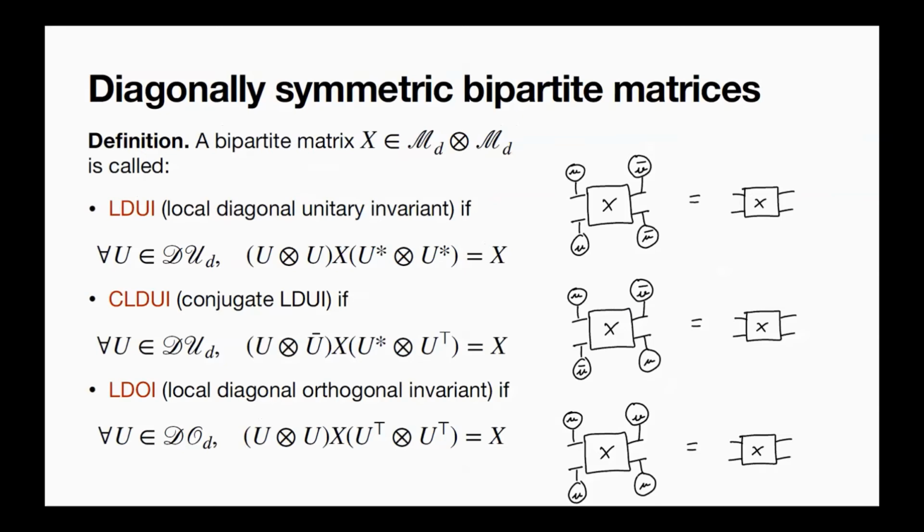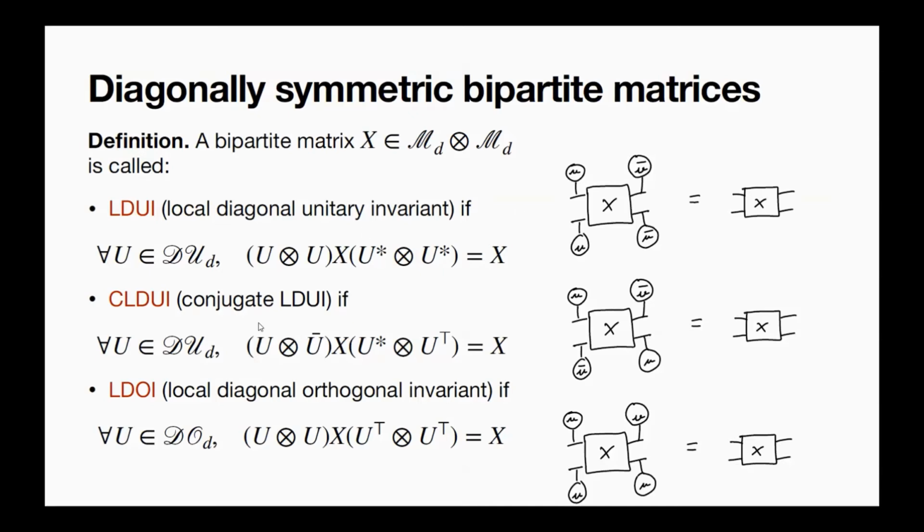Now let's move to the case which is interesting for quantum, because we have tensor products, these bipartite operators. And this is like a definition slide. It's a bit dense, so let me tell you a bit what we want to do here. We want to consider three types of symmetry. The first one is when I do (u ⊗ u) x (u ⊗ u)† and I ask this to be true for all diagonal u.